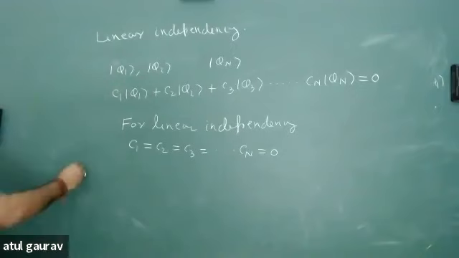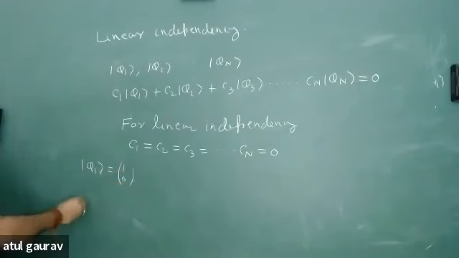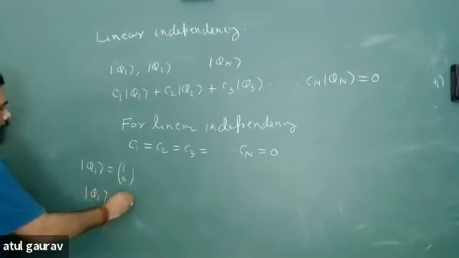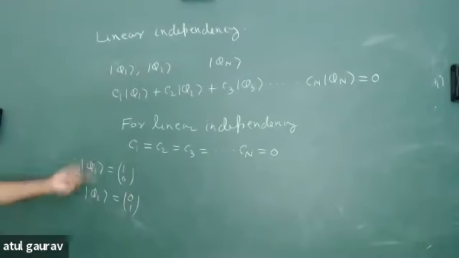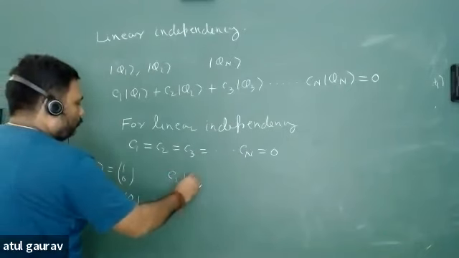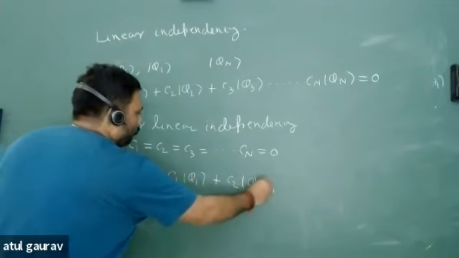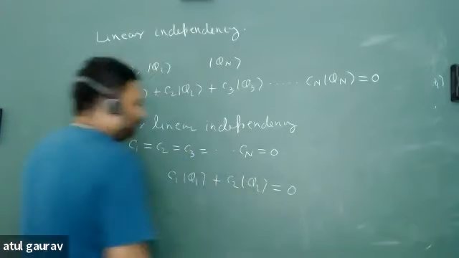For example, you can take phi 1 as (1, 0) and phi 2 as (0, 1). We have to check whether they are linearly independent or not. Obviously there are two vectors, so you check C1 phi 1 plus C2 phi 2 is equal to 0.